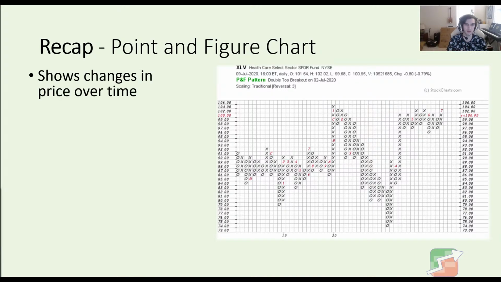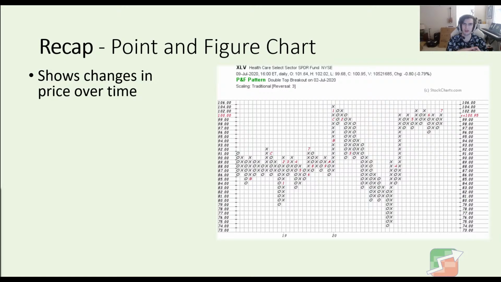So point and figure is a way of looking at the price of something over time, whether it be a stock, ETF, whatever it might be. But instead of it just being that we have 1 point per day, so every day we put a new point into our chart, this is a little bit different.